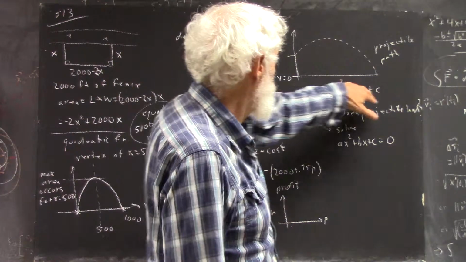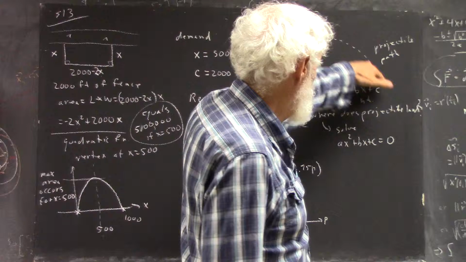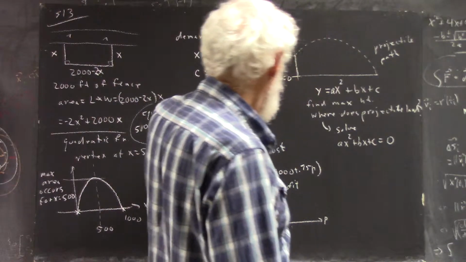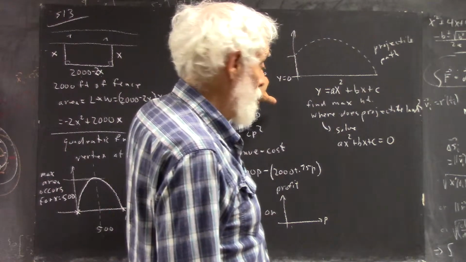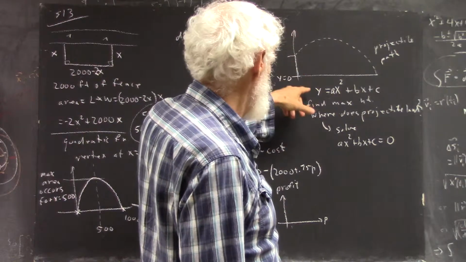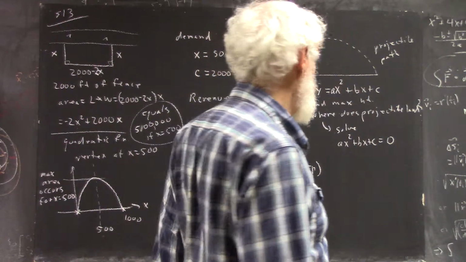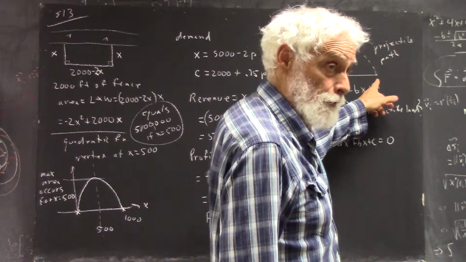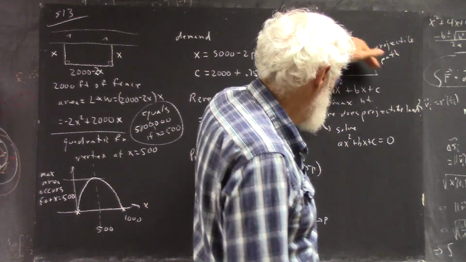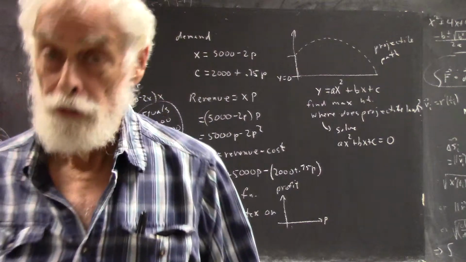And of course, as you know, this parabola will reach 0 at 2 points. One of your points might well have a negative value. It'll at least be to the left of where the projectile started, so you probably don't want to use it. And you make the intelligent decision and use the one that applies to the situation, whatever the situation might be.